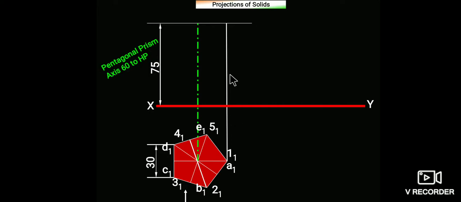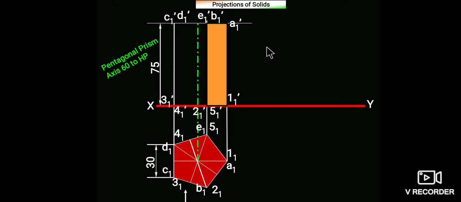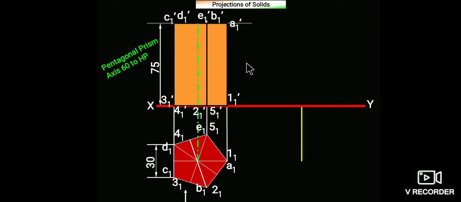So take projection from endpoints A, B, C, D, E, and mark respective points A1 dash, B1 dash, C1 dash, D1 dash, E1 dash, and so on, and complete this rectangle. So this is the front view. Now draw this rectangle in such a way that its angle with HP is 60 degrees. Here the angle of this axis with the horizontal plane is 90 degrees, but in the data it is given as 60 degrees.